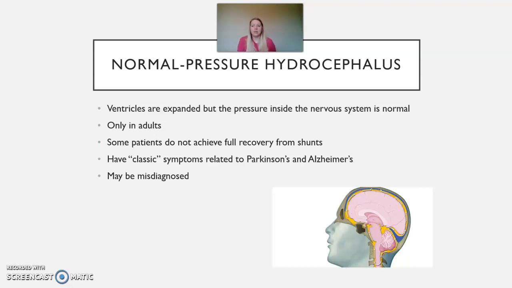The symptoms you present with are Parkinsonian related, and so they actually say that the patient could have Parkinson's, when really they do have the normal pressure hydrocephalus. So that could be detrimental to the treatment of the patient, especially medical treatment.